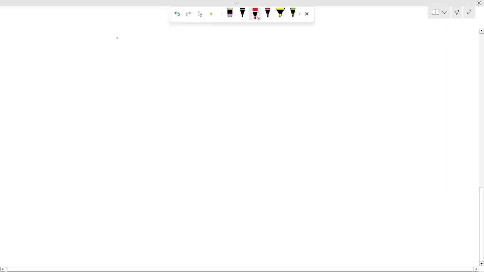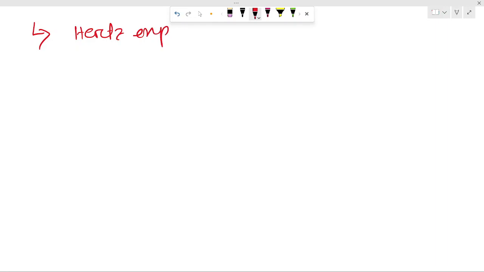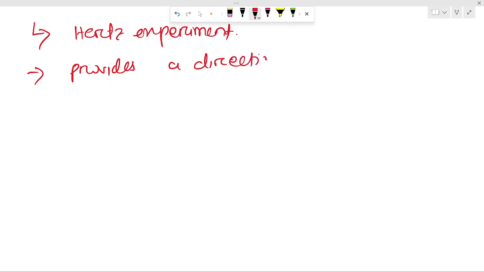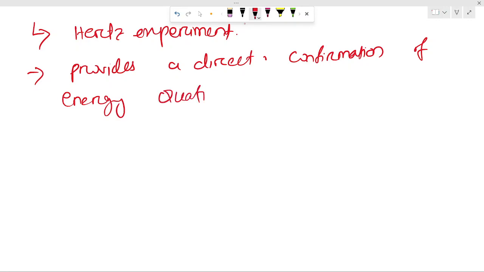It's generally an experiment done by Hertz. It is a very famous experiment, the Hertz experiment, and it provides direct confirmation of energy quantization of light.